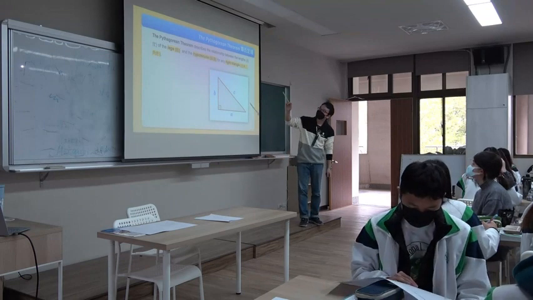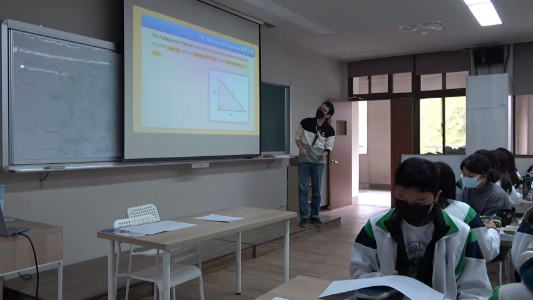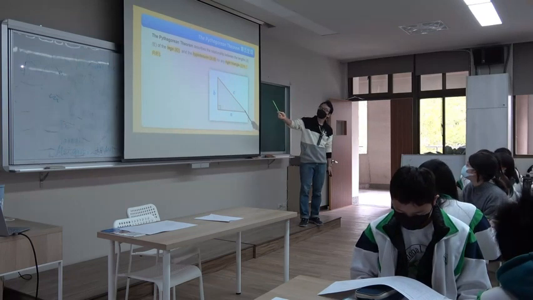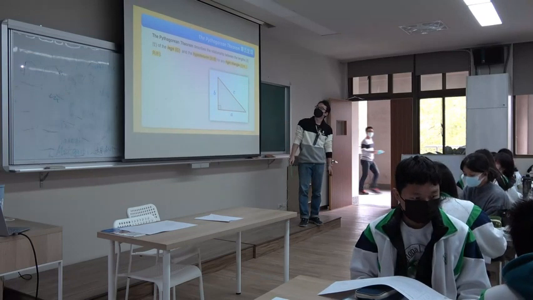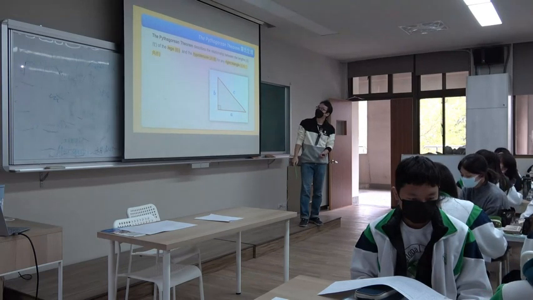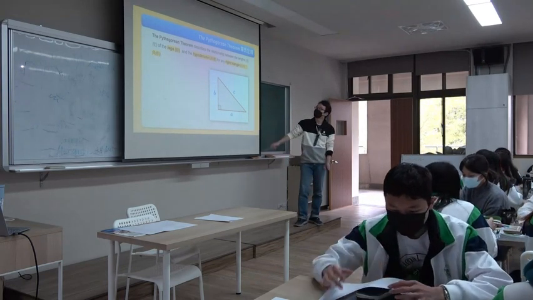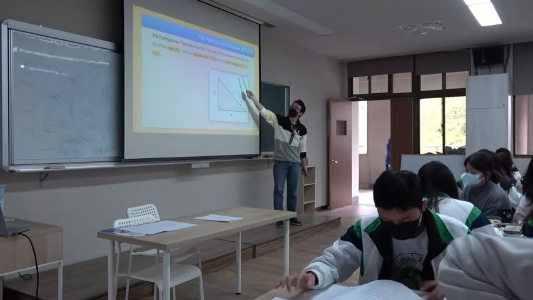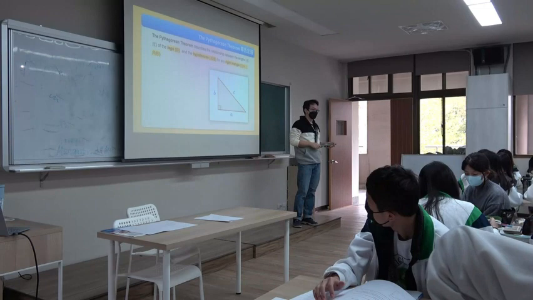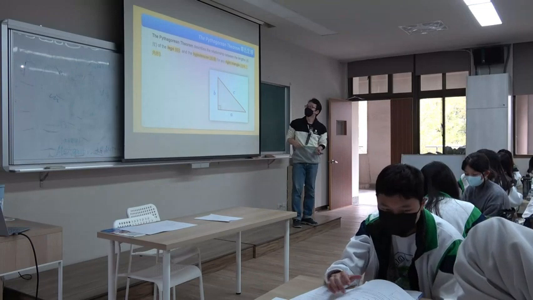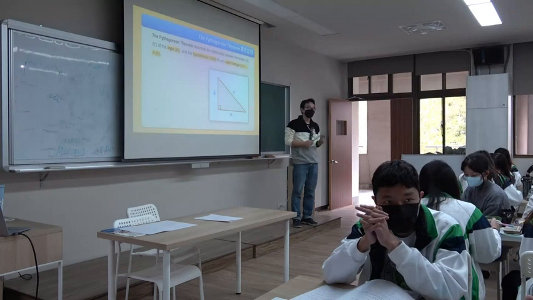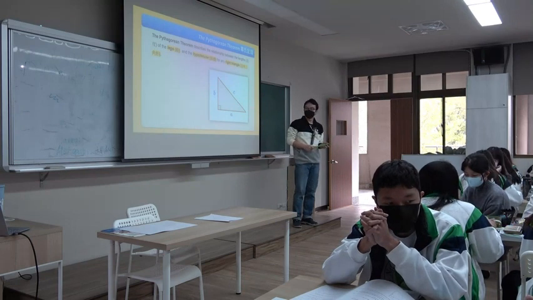The Pythagorean theorem describes the relationship between the length of the legs and the hypotenuse for any right triangle. And the right triangle is 直角三角形, okay? A right triangle is a triangle with one right angle.